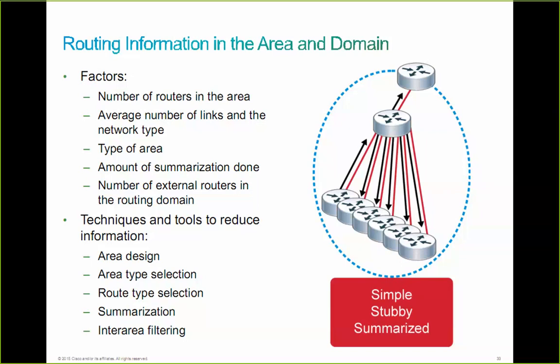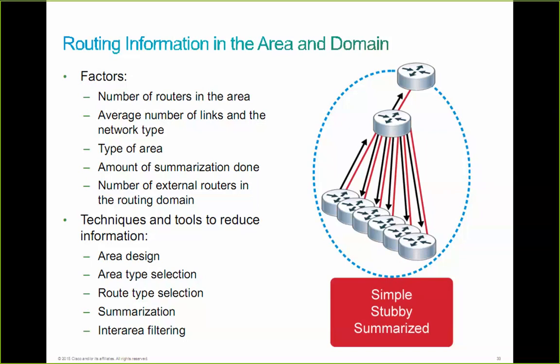So you can kind of think that the more external prefixes there are, and the more ASBRs there are, the higher the workload for Type 5 and Type 7 LSAs there will be, right? Now, we can use special area types like totally stubby or totally not so stubby to limit the scope of those external routes and to keep those routes from being flooded within an area. But again, that's part of your design consideration.